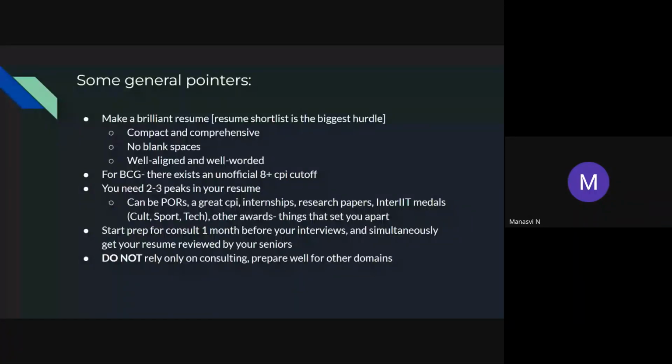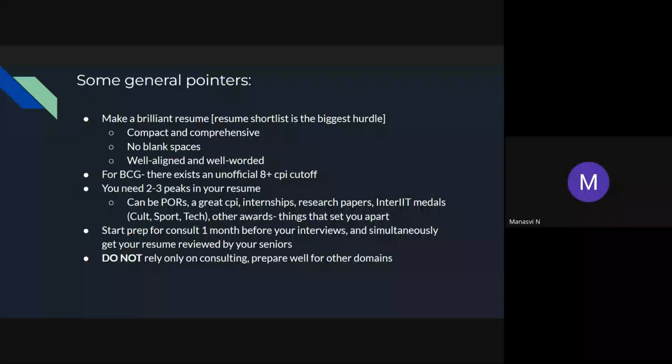This is something you hear a lot when you get your resume verified by your career cell. It should be well aligned, well worded. Make sure there is no unnecessary stuff that can make it look not very neat. It needs to stand out, so that when the person looks at your resume, everything you've done is very clear, and anything you want to highlight is well highlighted.